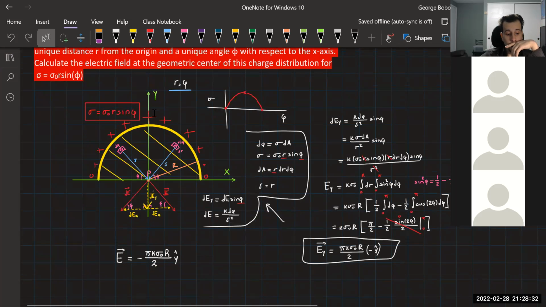You see how here, this side is a mirror to that side, you have symmetry. So you're looking to see if the charge distribution is odd or even. If it's odd or even, you will have symmetry. In this case, it's odd. You have odd symmetry. If it was a cosine, you'd have even symmetry.